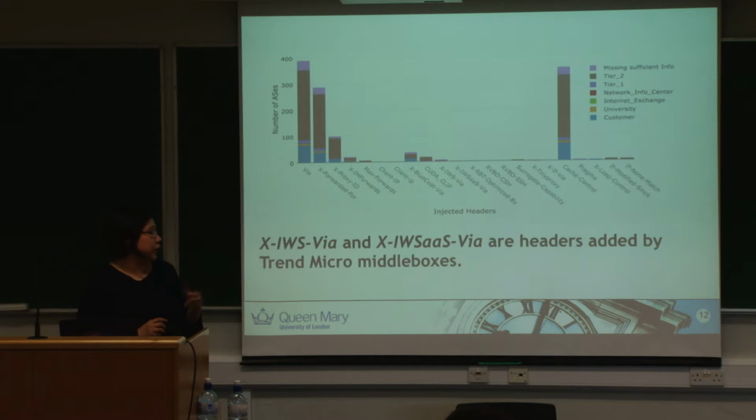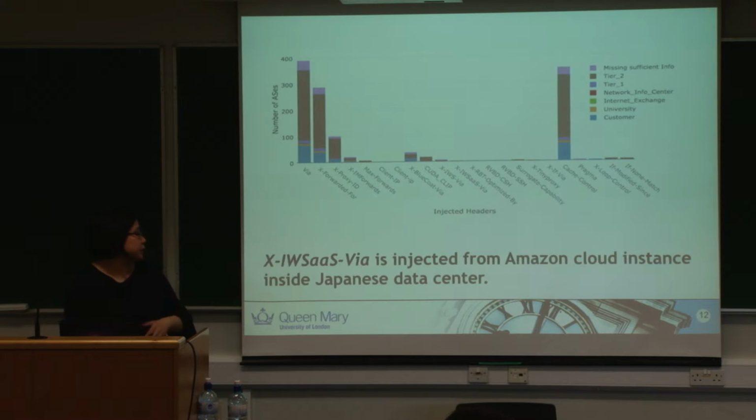And these two headers are added by Trend Micro middleboxes. And we noticed that here, they treat the Internet Web Security as a kind of service which may be used for cloud instances. And then we checked the AS of this request, and it is from an Amazon cloud instance inside a Japanese data center. So we show the evidence that middleboxes are also used in the cloud platform.